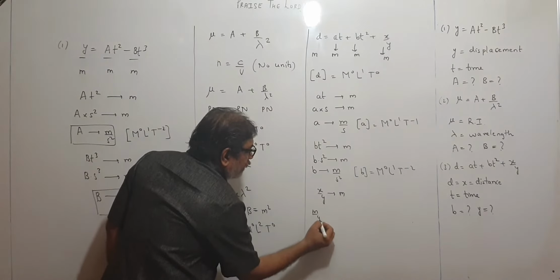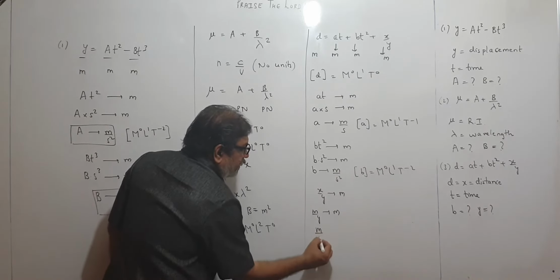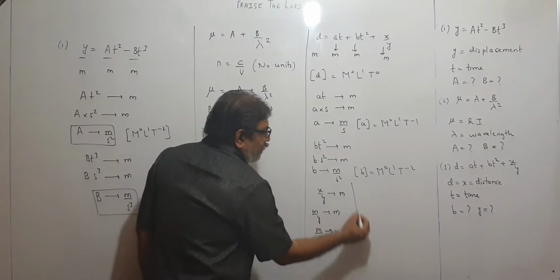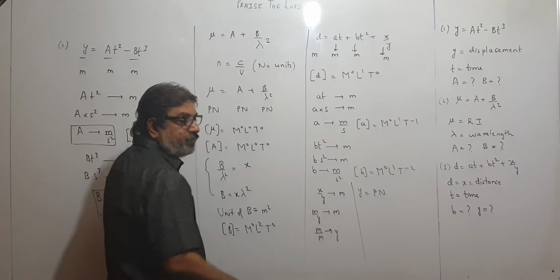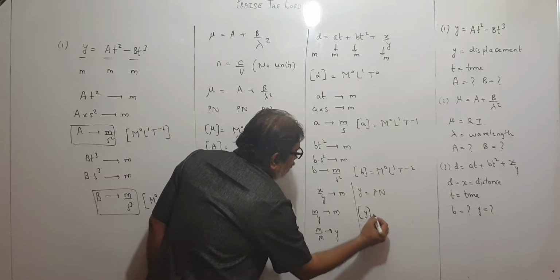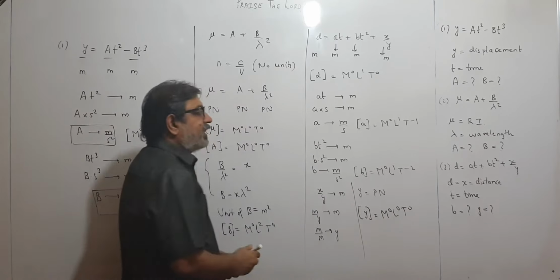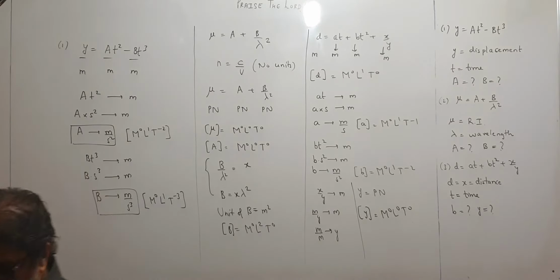So meter upon Y will be meter. Y goes here, meter comes down. So meter upon meter is Y. Cancels out. So Y is a pure number then. No unit. So Y becomes a pure number. So what is the dimensional formula for Y? M0 L0 T0. Like this you think. Please pause and copy, children.